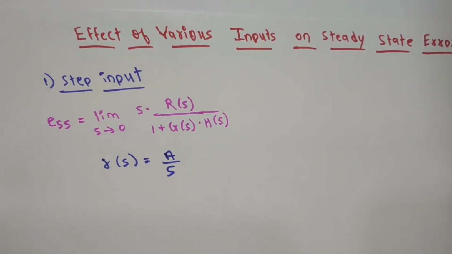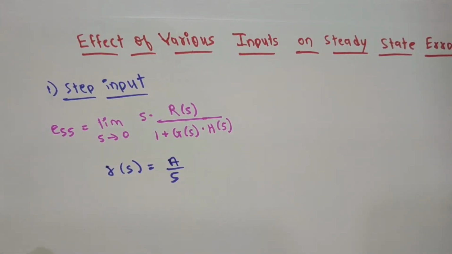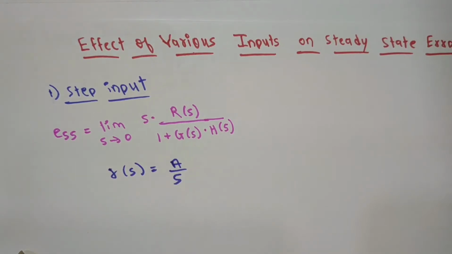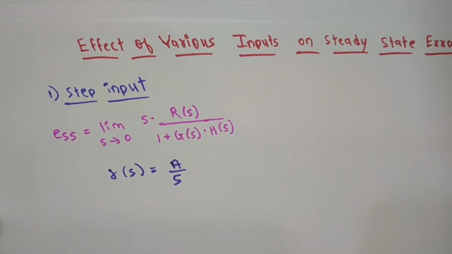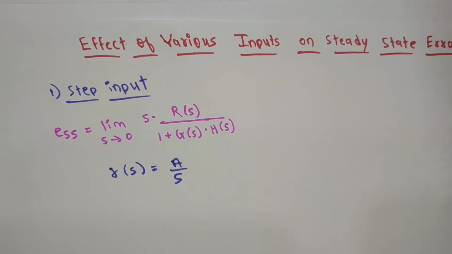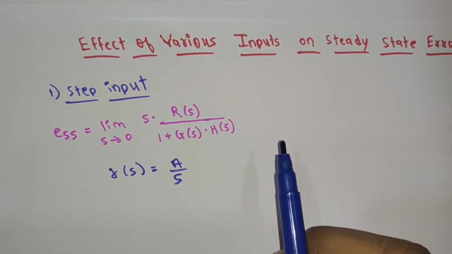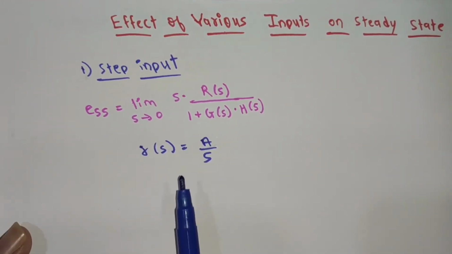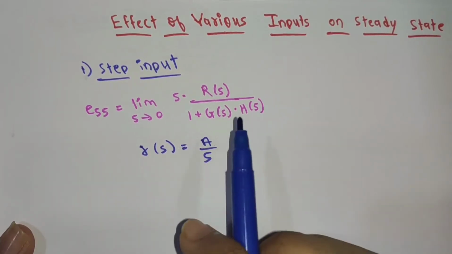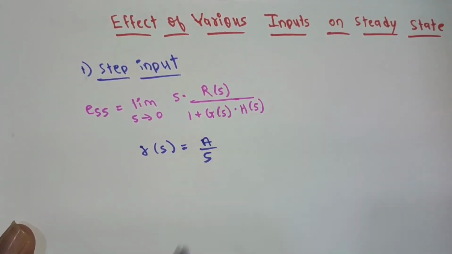If you haven't seen it, you may go back and see that video so that your concept on the conditions of various inputs will be clear. So now here I have taken R(s) equal to A by S. Now I am going to substitute this in the numerator.